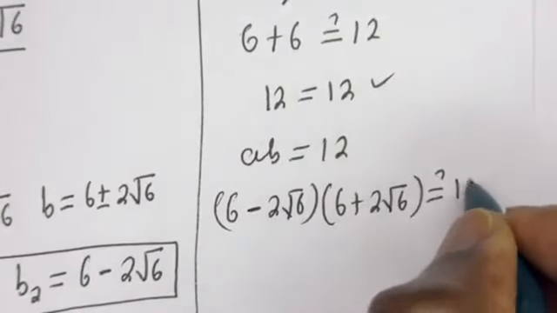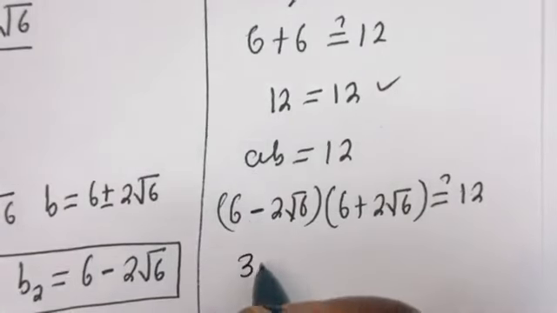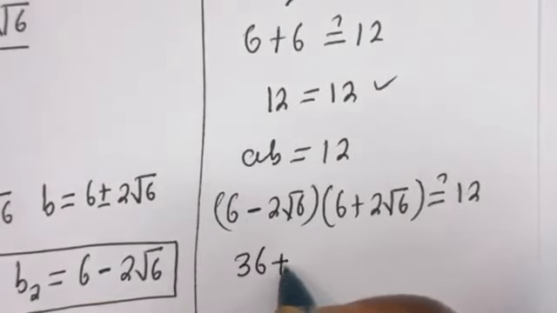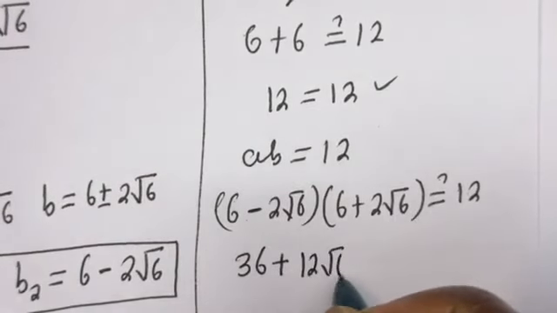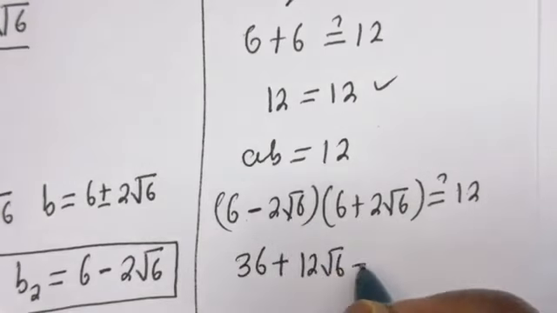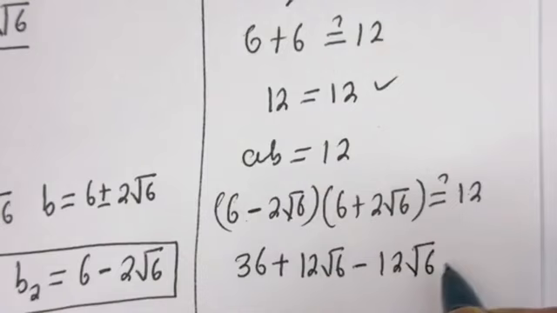Everything must be equal to 12. Now 6 times 6, this is 36. Plus 6 times 2 root 6, that is 12 root 6, minus 2 root 6 times 6, that is minus 12 root 6.